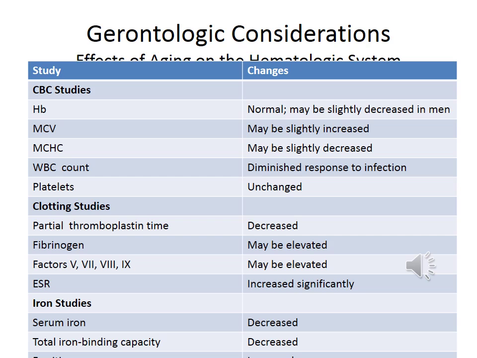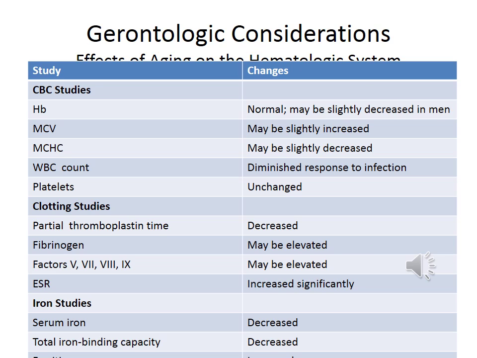The total WBC count and differential are generally not affected by aging. Leukocyte function is also well preserved. However, during an infection, the older adult may have only a minimal elevation in the total WBC count.